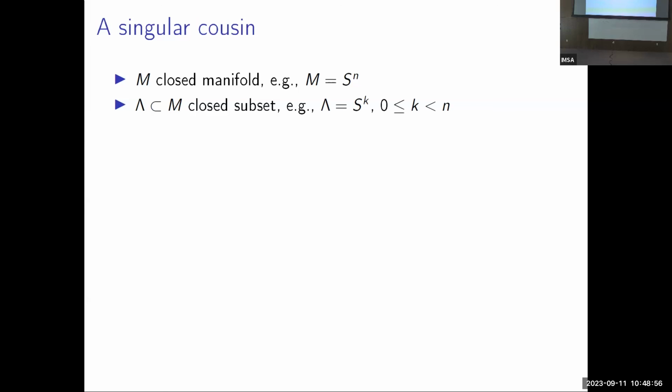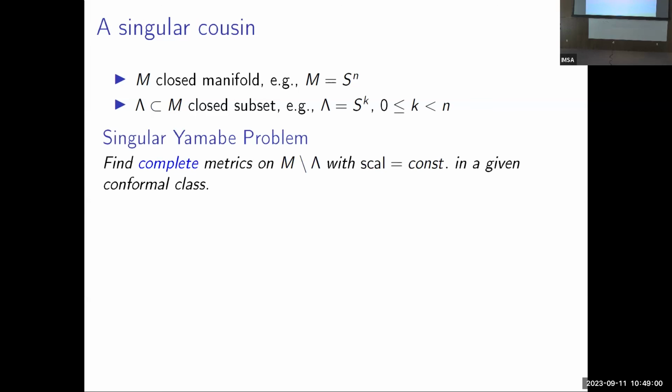You remove a lower dimensional sphere from a higher dimensional sphere, and you want to find now a complete metric on the complement of this set, which has constant scalar curvature. So you want to solve the Yamabe equation by prescribing solutions which have prescribed singularity.